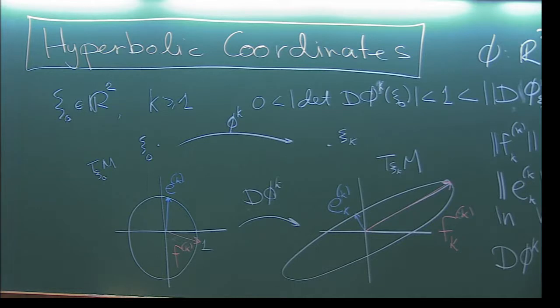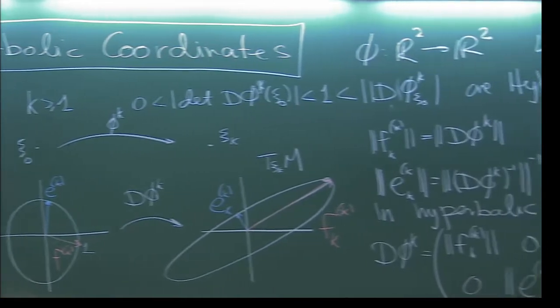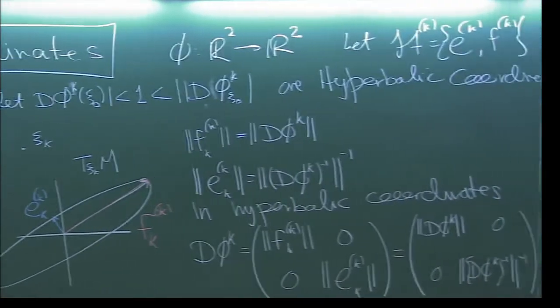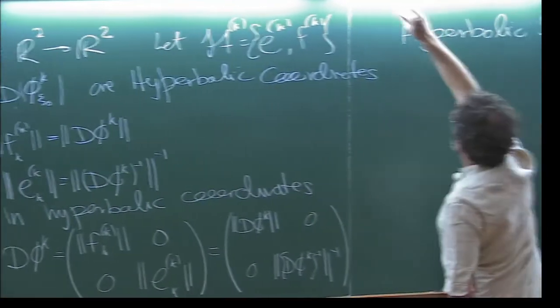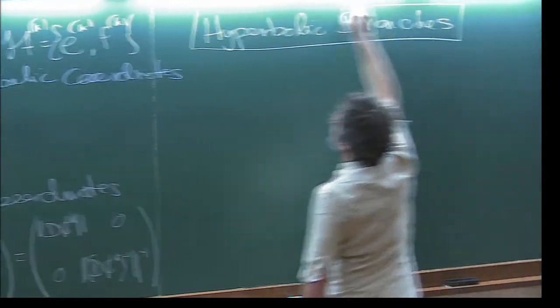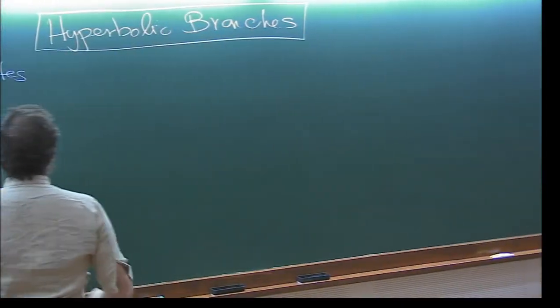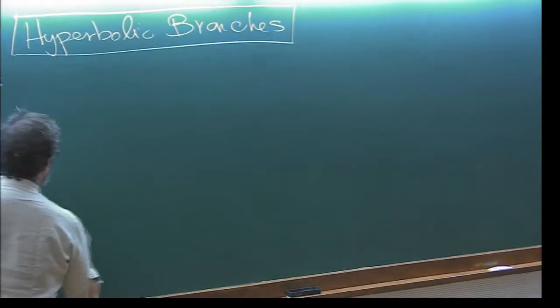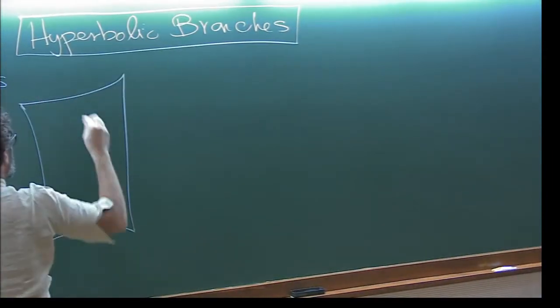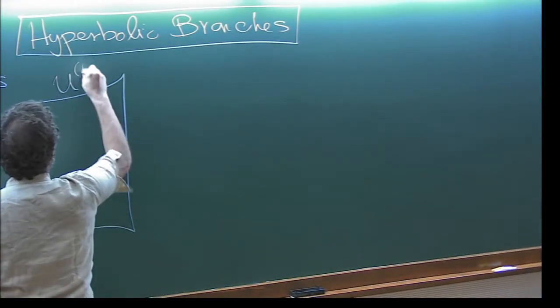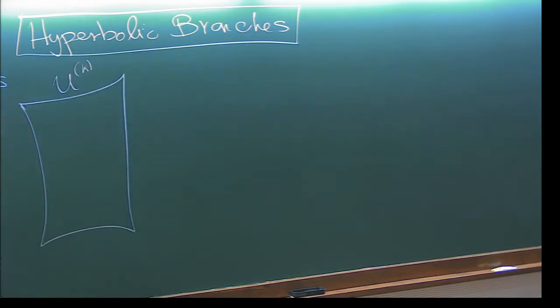So let's define this notion of hyperbolic branches. Suppose we have these defined in some whole region UK, and suppose this condition is satisfied at every point of UK, the neighborhood of some point psi 0.